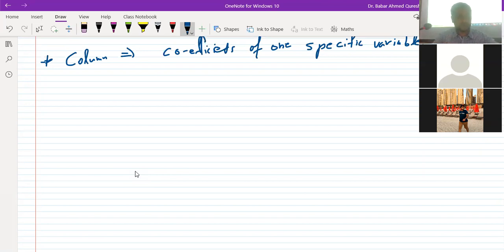So that means if I start with a system, I can change this system by doing some allowed operations and get another system, and there will be a matrix associated with the new system. I had gotten a new matrix, which was this one.